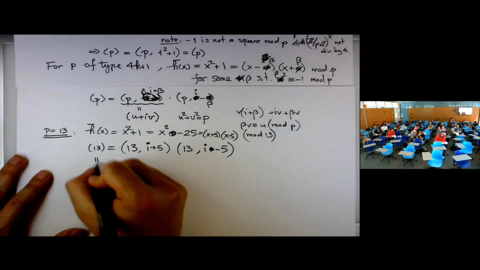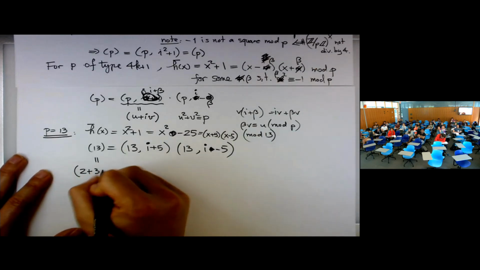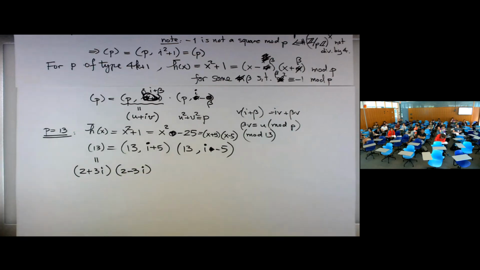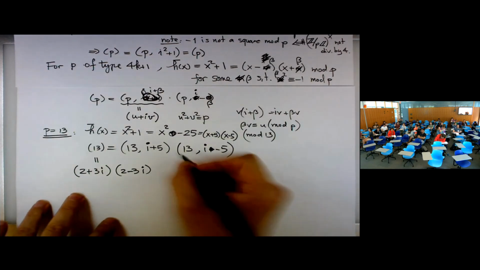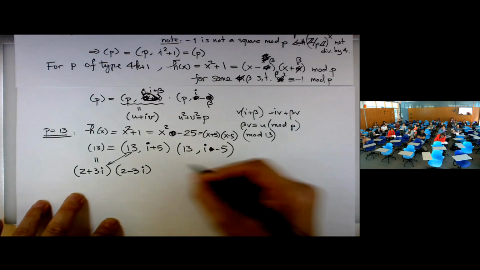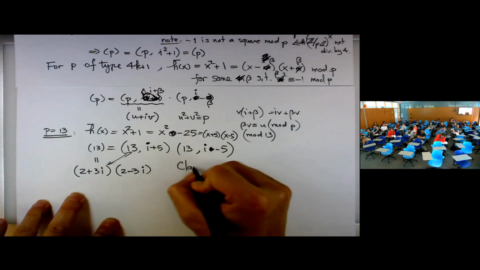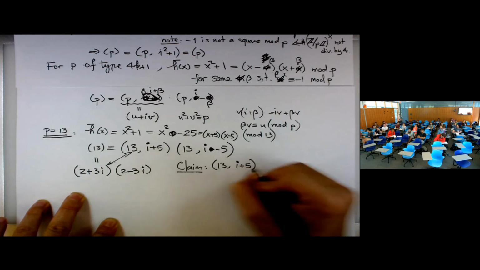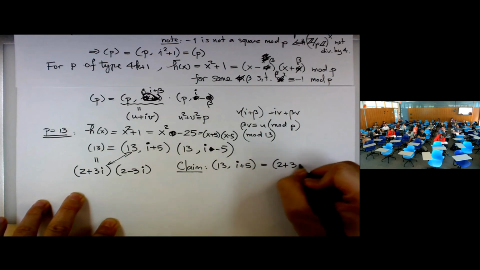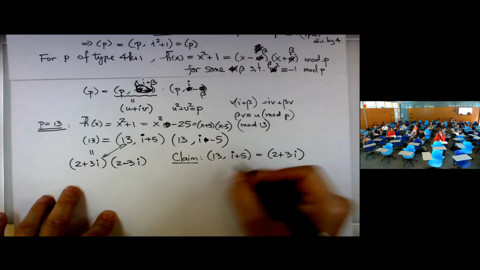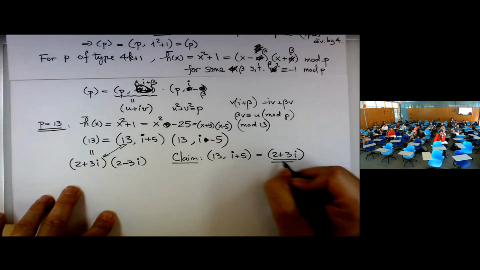On the other hand, you know this factors as 2 plus 3i, 2 minus 3i. So which is which? Let's see. I think these two are equal. Here's why. Claim: the ideal (13, i plus 5) is equal to 2 plus 3i. Why is that?